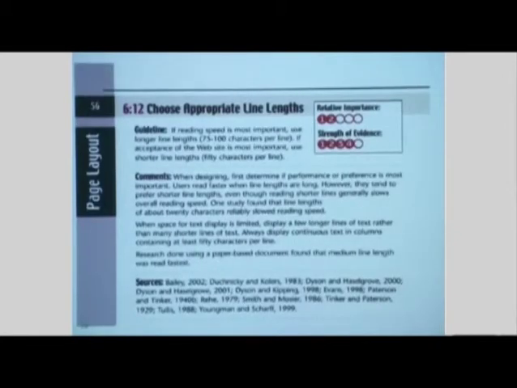There is a section within this on choosing appropriate line lengths, and if we zoom in, it talks about the difference between performance and preference, suggesting that if performance is important, then you should have a long line length. If preference is important, then a shorter line length. I think there is a problem with this, that people might be immediately put off by a long line length, so never actually get to perform.